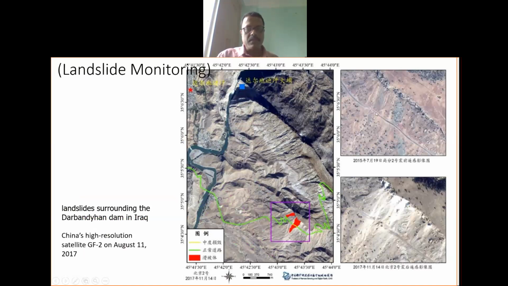If you talk about its application areas in disaster mapping or monitoring, earthquake is a major natural disaster which is very difficult to predict. This is one of the areas where people are still scratching their heads about how a country or a department can predict an earthquake before it really happens.